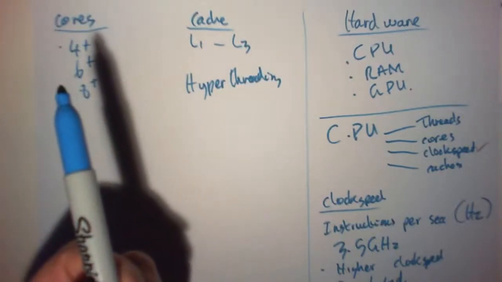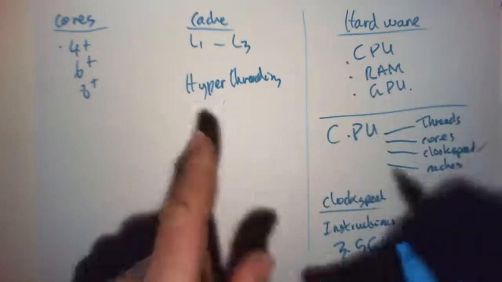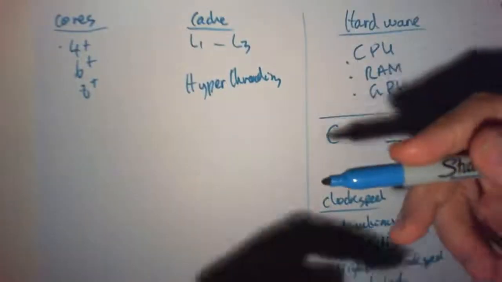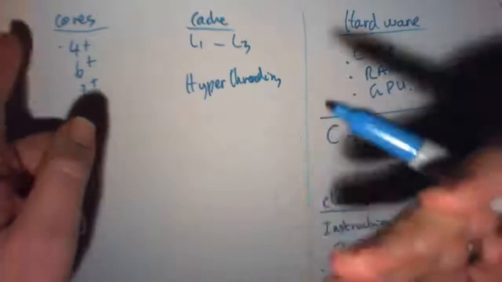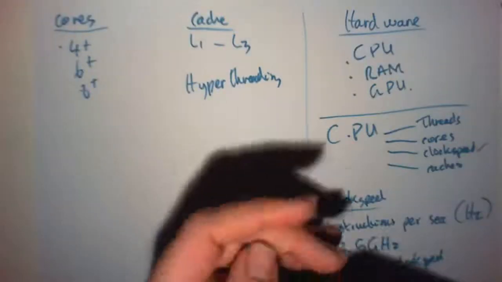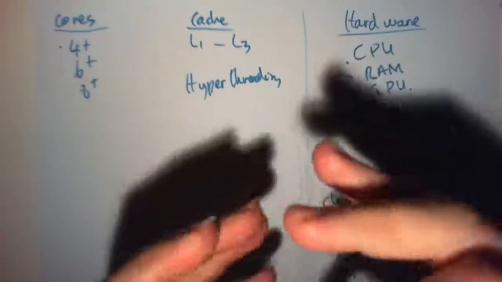It means that you can get away with fewer cores because you can do multiple threads in the one core. So it's a trade-off. Fewer cores are needed than you might need with the equivalent AMD Ryzen series. It's a very interesting trade-off.